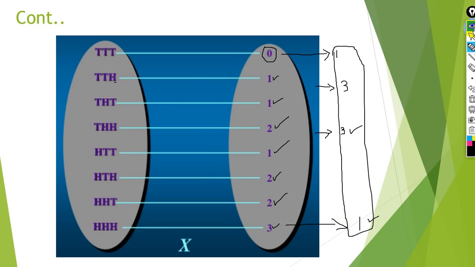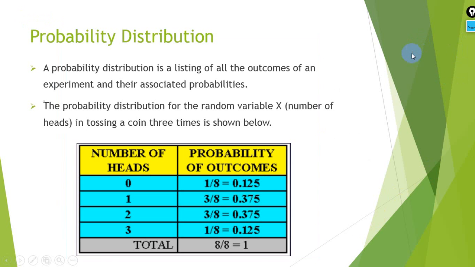So next, probability distribution. So now what is probability distribution? Probability distribution means that if you want to take the complete probabilities of a random experiment, for a random variable, in a table form, then we can say that is the probability distribution.